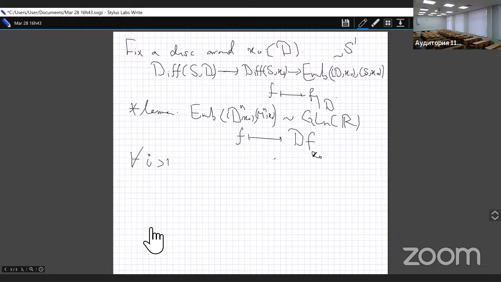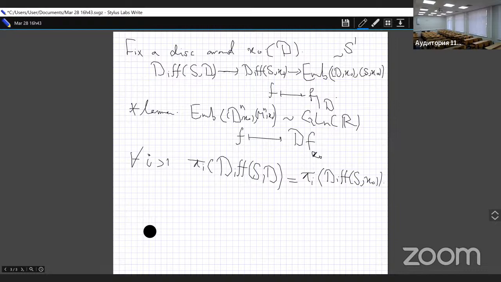We have pi_i of this, if S is that, it's the same as pi_i of that. And so we need to consider i equal to 1, and if i is 1.